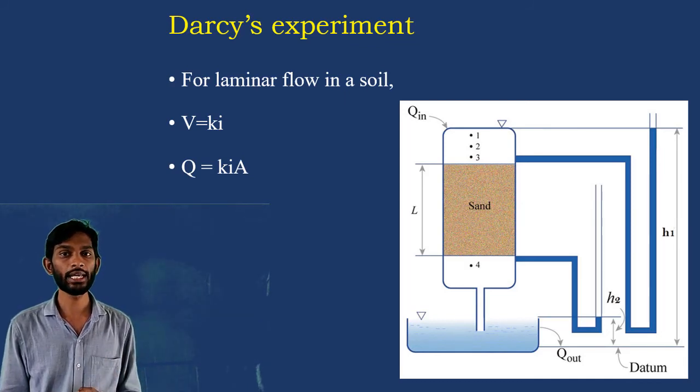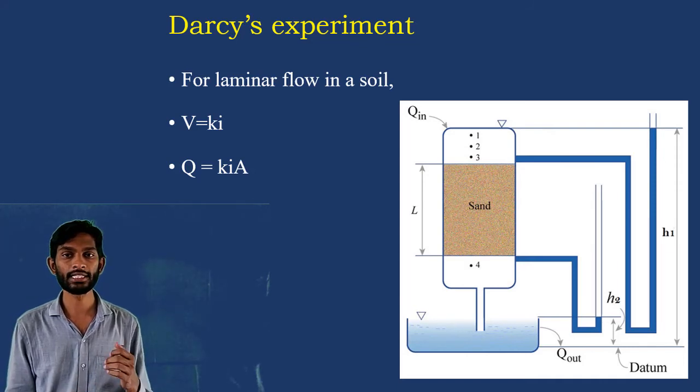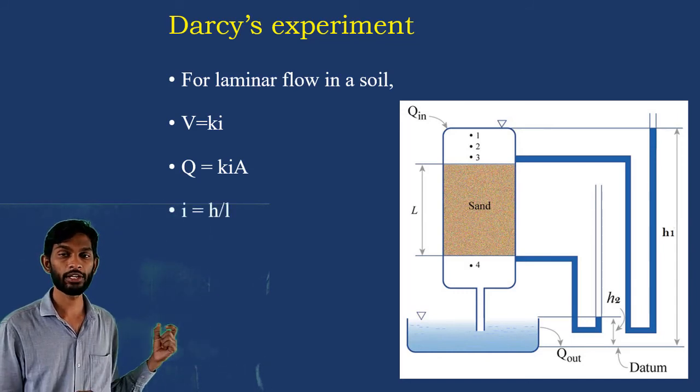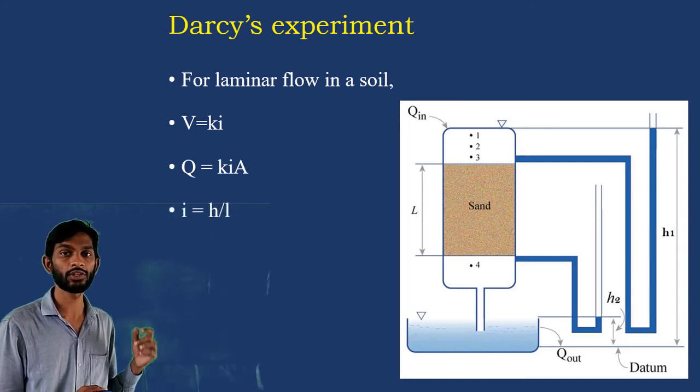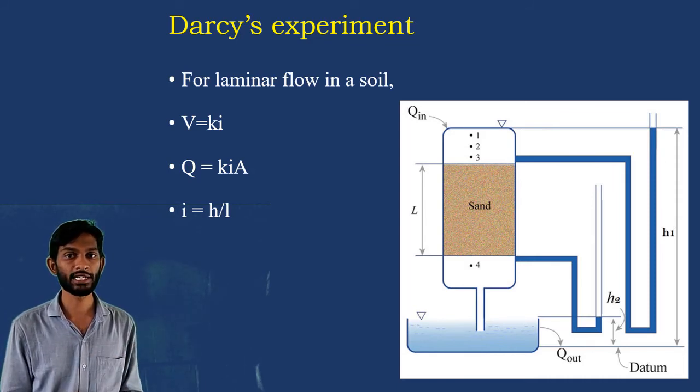Now we know that the hydraulic gradient I equals H by L, that is height by L. Here you have two different pipes, right? You have two different tubes which are connected to the soil sample. Therefore, the H value will become H1 minus H2.